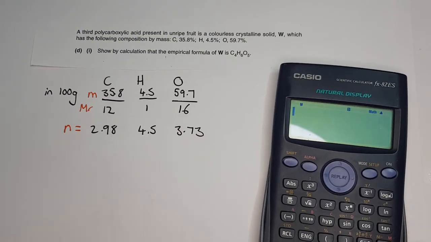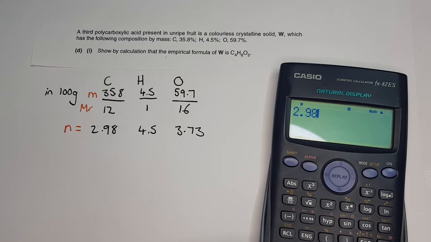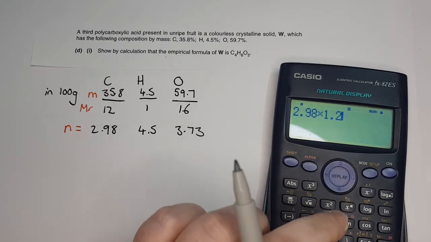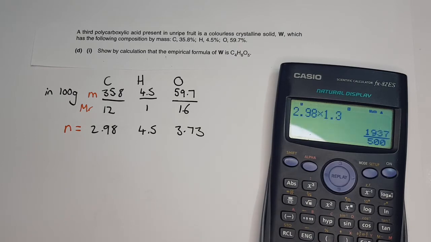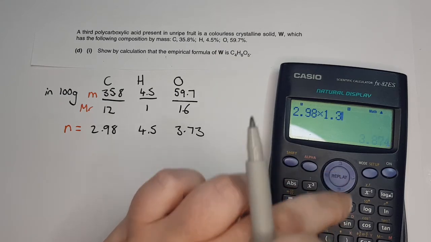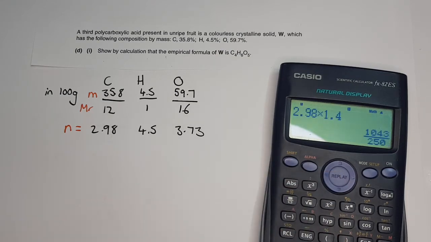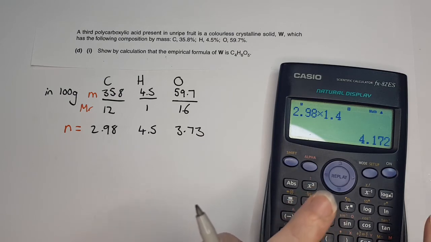So I would say my 2.98, for example, times 1.1. If I start with 1.1, I'll see what I get. And I get 3.27, so it's still not close to a whole number. But if I change that and I say 1.2, I get 3.57, so I'm getting closer to a whole number. Then 1.3, and I get 3.87. And then I try 1.4, and now I get over.